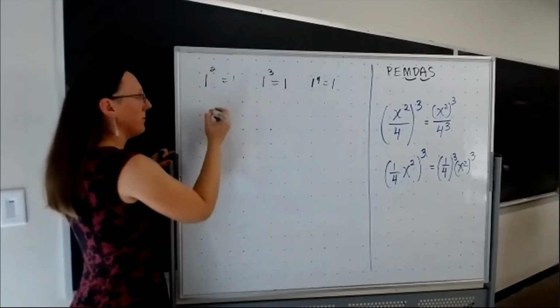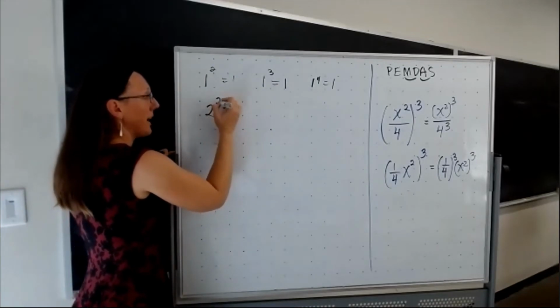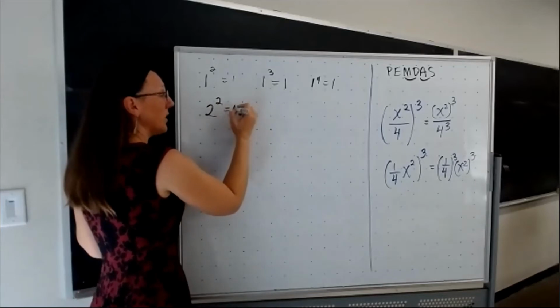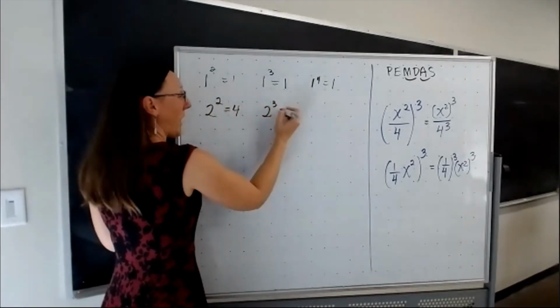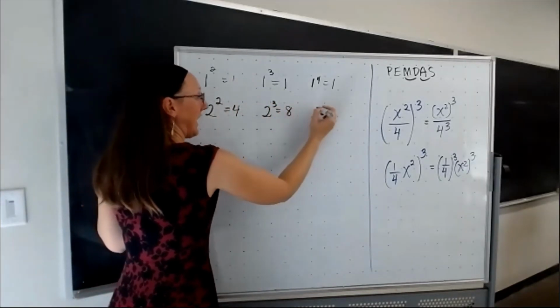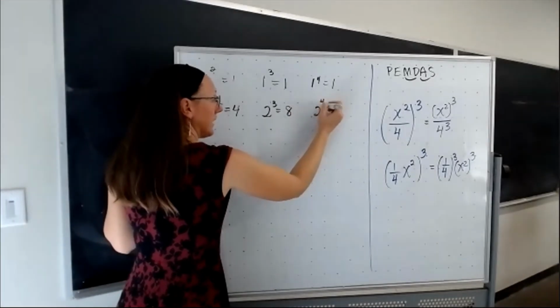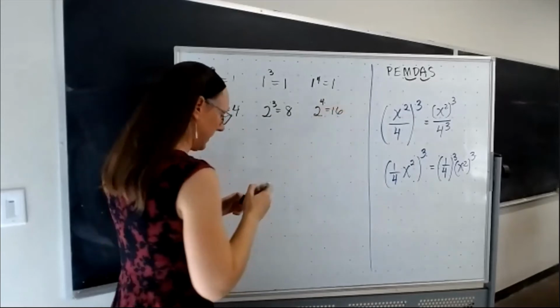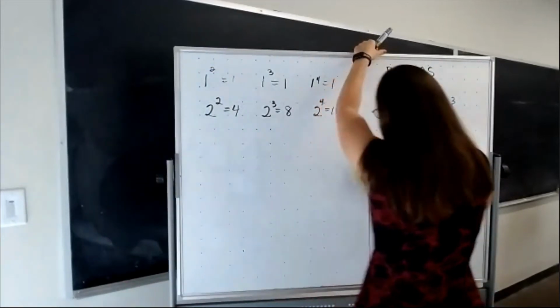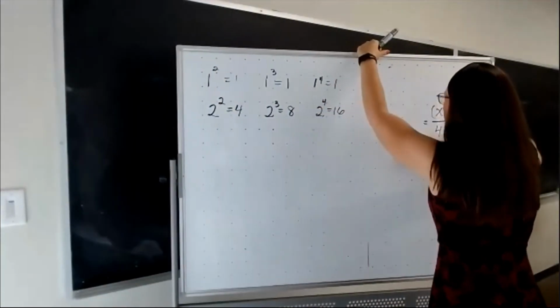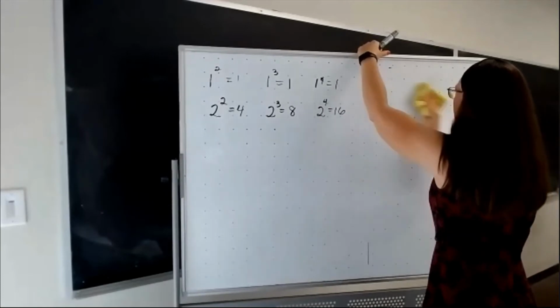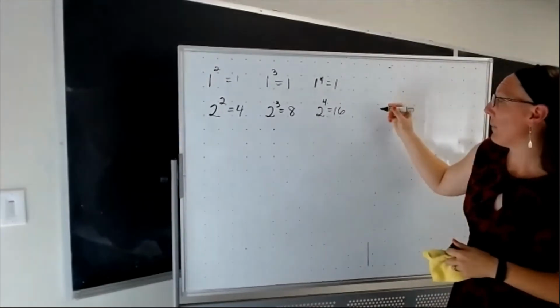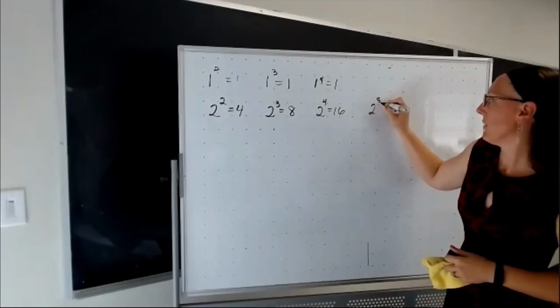Powers of 2, I think you ought to be able to do powers of 2 in your head at least to 2 to the 5th. You should be kind of on that commit it to memory list.